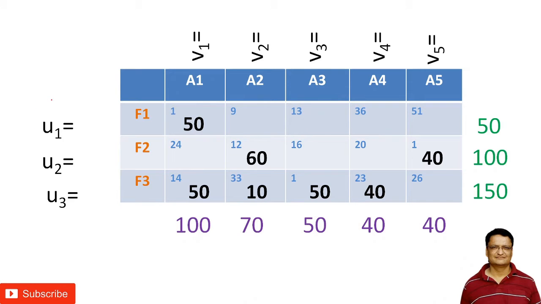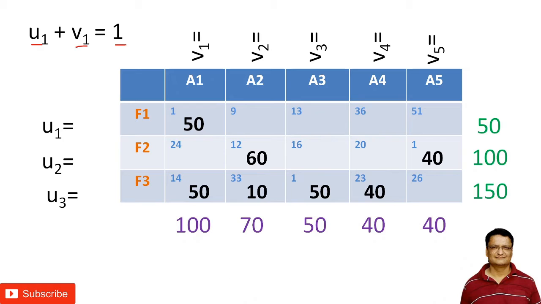Now the first and most important thing is that we have to concentrate on the cells which have allocations. So there are 1, 2, 3, 4, 5, 6 and 7 cells which have allocations. So we call them allocation cells. So we will concentrate on these allocation cells. So I am writing this formula: u1 plus v1 is equal to 1.